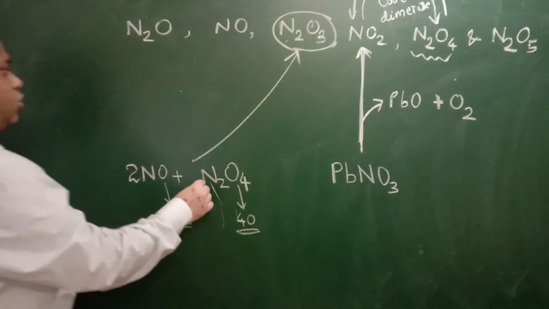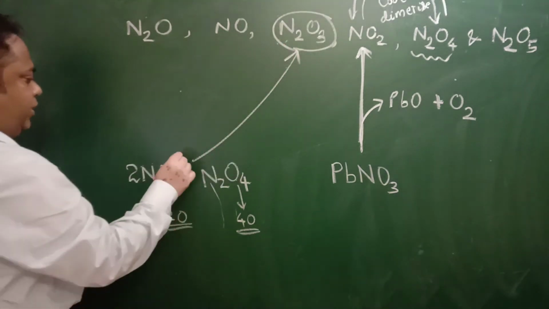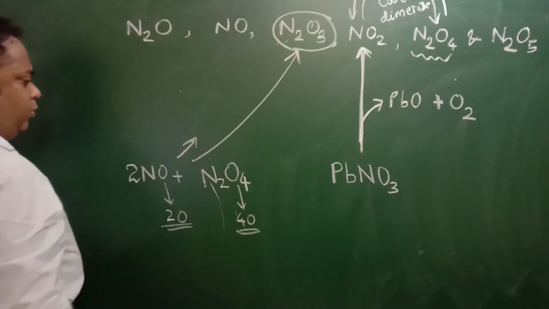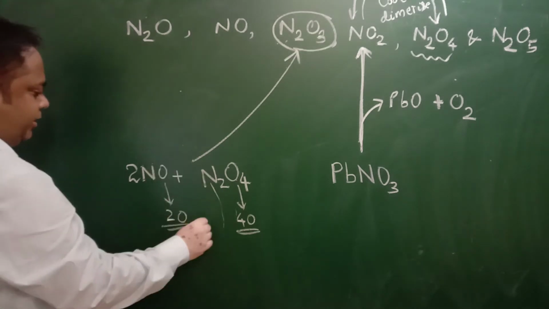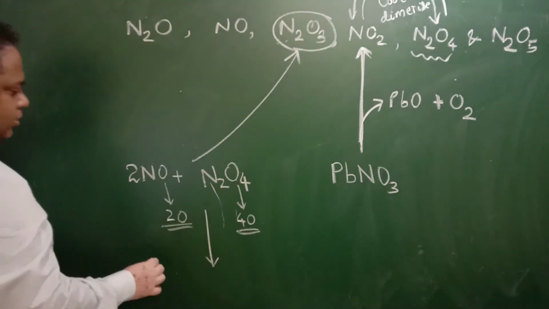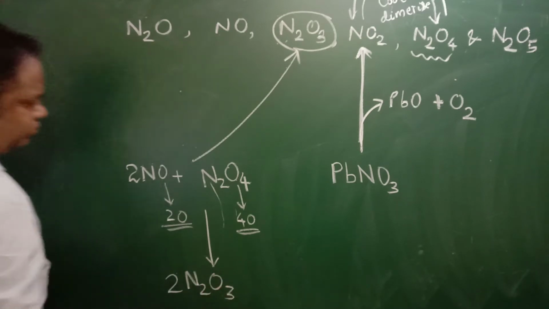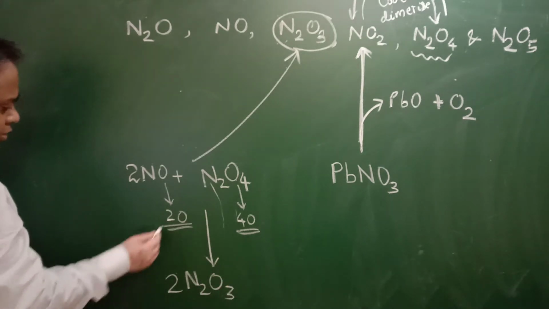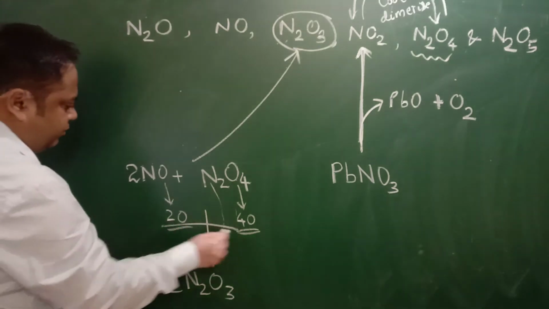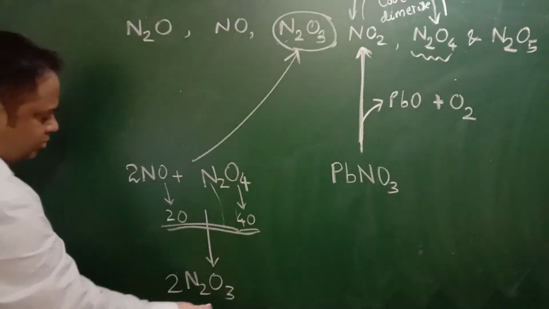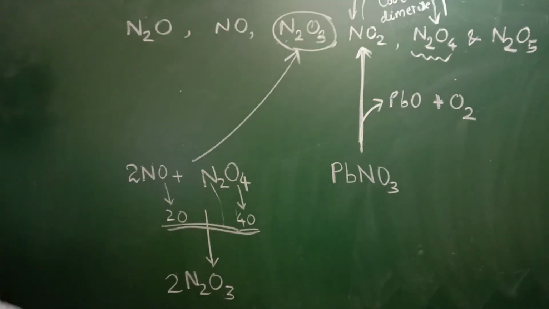What we will require is just to balance it. So what we can do? We can simply say that it will form, or I can write it this way also, this can be written as 2N2O3. See, now the 6 oxygen thing is also achieved. We are getting 6 oxygens, 2 thrice are 6, and 4 nitrogen atoms.